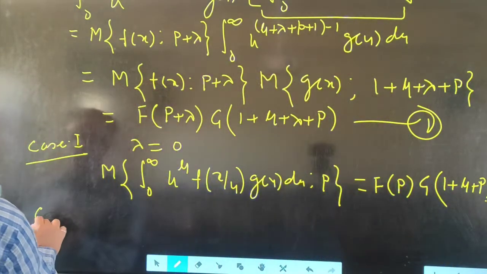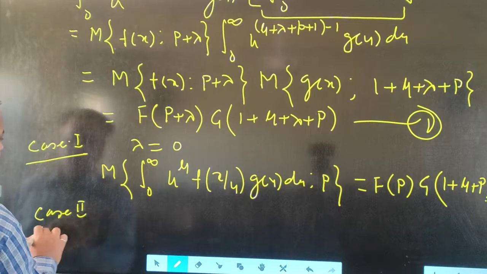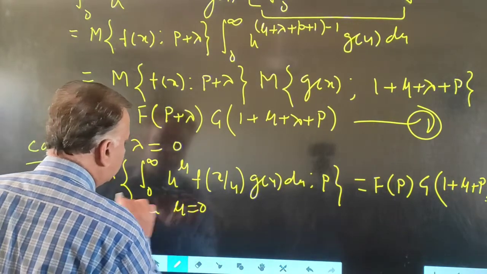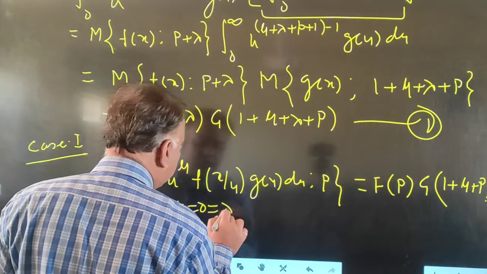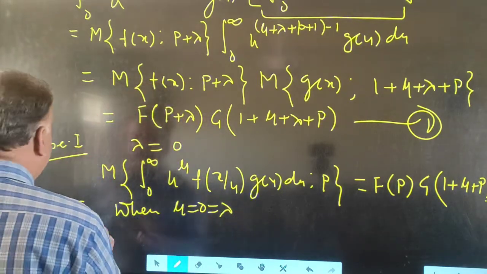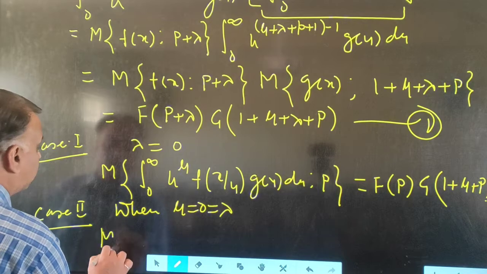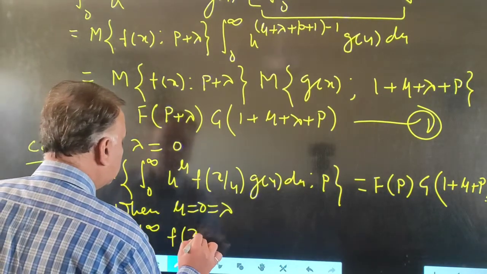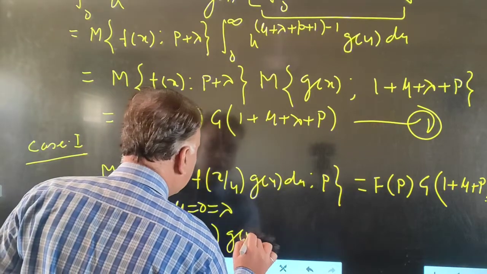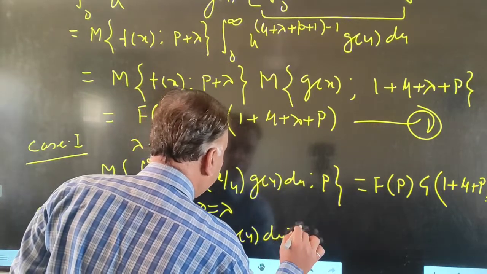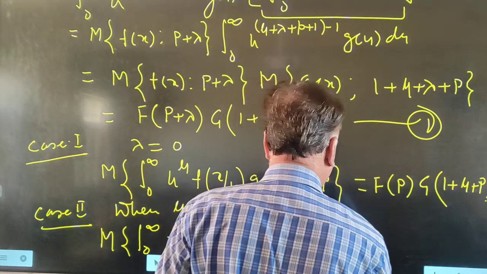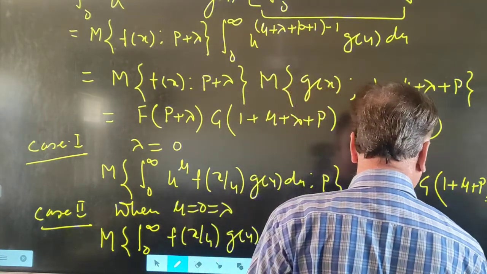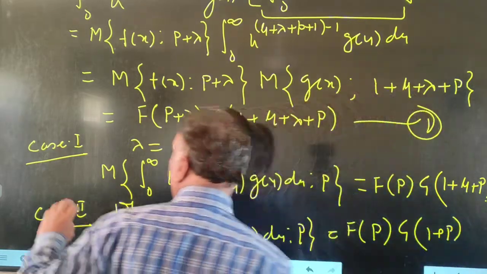Now case second, when mu is equal to 0 and lambda is also equal to 0, then we get the Mellin transform of integral 0 to infinity f of x upon u g of u du with respect to p is equal to F of p into G of 1 plus p. This is particular case second.